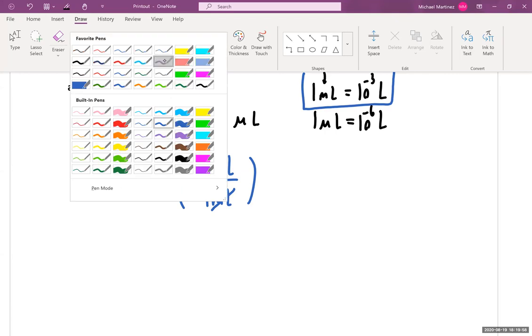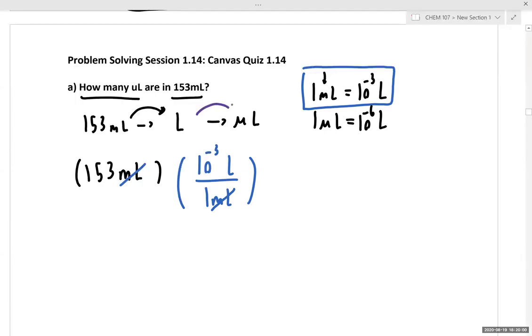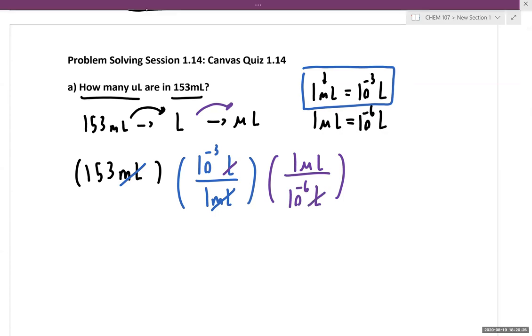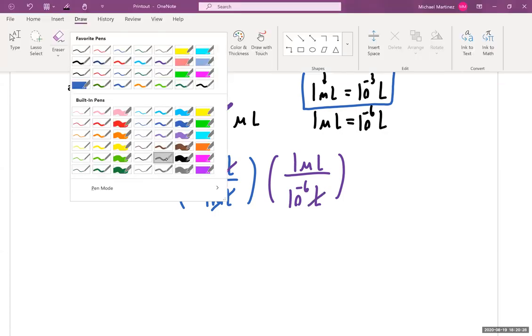For our next step, we need to go from liter to microliter. So what units are going to go on top? Microliter. Yep, exactly right. So in 1 microliter, we have how many liters? 10 to the -6th, exactly right. Liters cancel. Okay. So now let's write out our powers of 10.